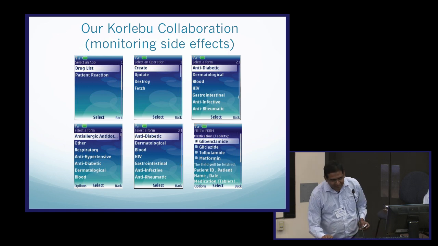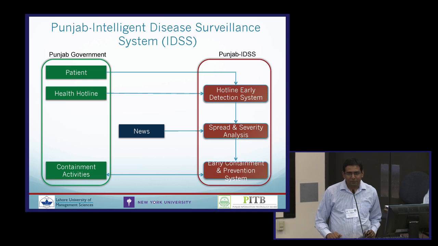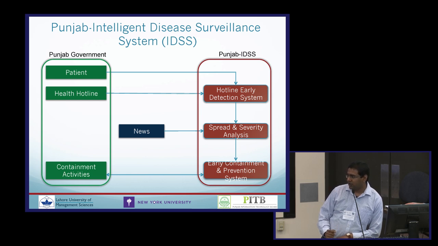I have the privilege of being a participant in a project in Pakistan on one of the largest disease surveillance systems in the country. It's essentially getting data from a lot of hospitals and patients calling in. And the question is, can you predict an outbreak before it happens, 10 to 12 days before it happens?